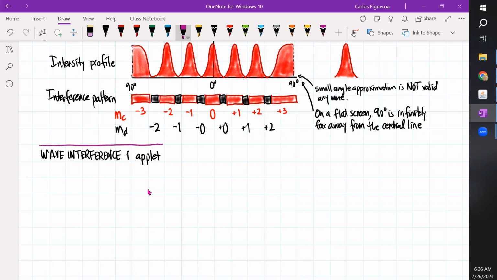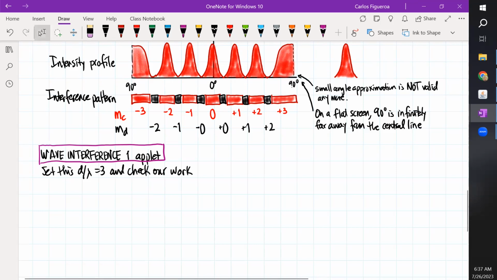It's one of my favorites in all of physics. So what we want to do here is set this d over lambda equal to 3 and check our work that we just did. So let's go look at that.